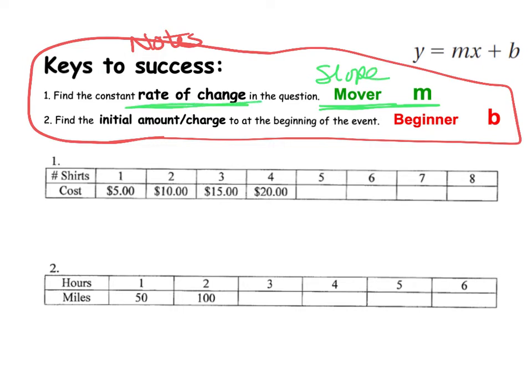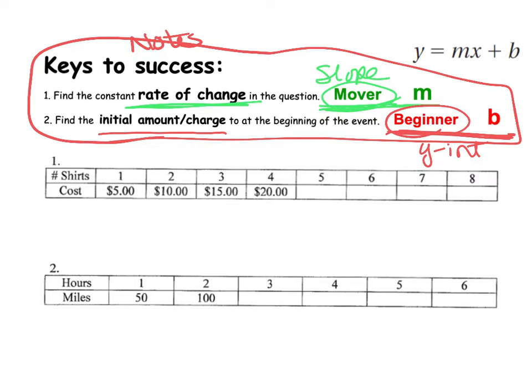How does the word problem change over time? That's going to be our slope. Our y-intercept, then, is the initial amount or charge. That is the beginner or the b. Here's where that m and the b came from. The plus b is our y-intercept. That means our beginner. M for the slope is our mover. Okay? So that's what we're talking about.